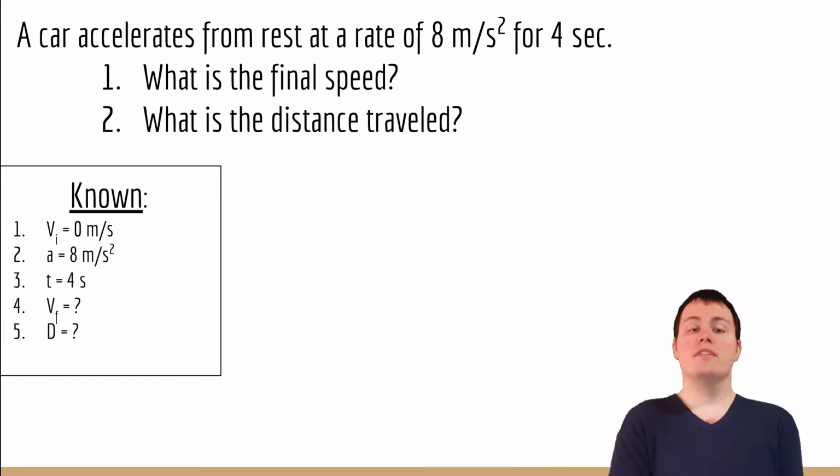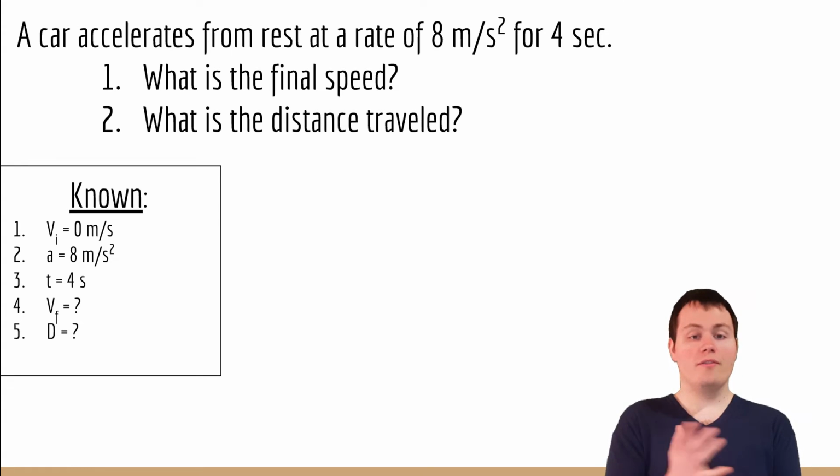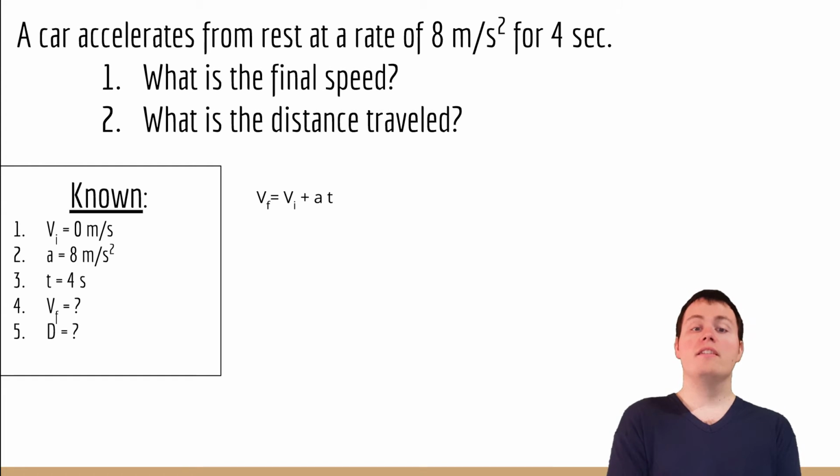over that time. So let's just start with what it's asking you for first, and the final speed. The easiest method is to use the equation final velocity is equal to initial velocity plus acceleration times time. If we look at all of those variables, we know all of them except for the final velocity, which is what we're trying to find.